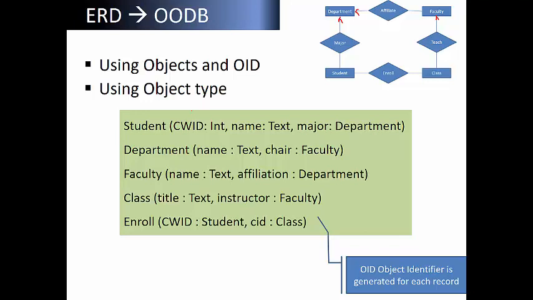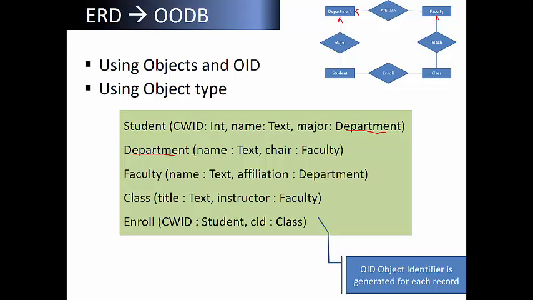Here students has a CWID, which is integer, name, text, and major, in this case, department. If it is a relational database, we say that major is text. But in object-oriented databases, the type of major is a department. What is a department? Department is another class, another table.